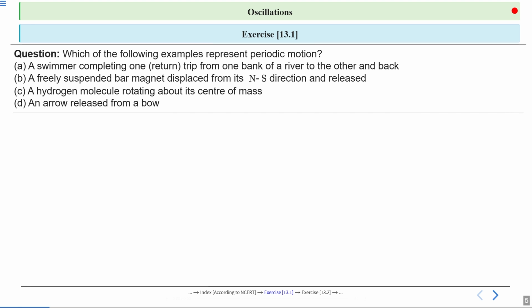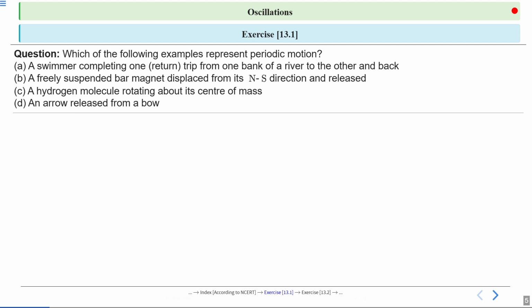Exercise 13.1. Which of the following examples represent periodic motion? So here you have to find out which one is a periodic motion example. A. A swimmer completing one return trip from one bank of a river to the other and back.